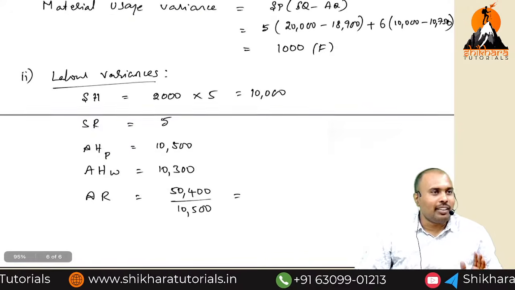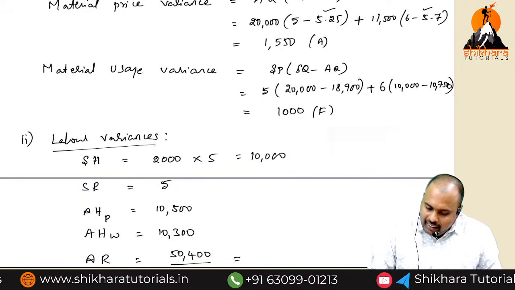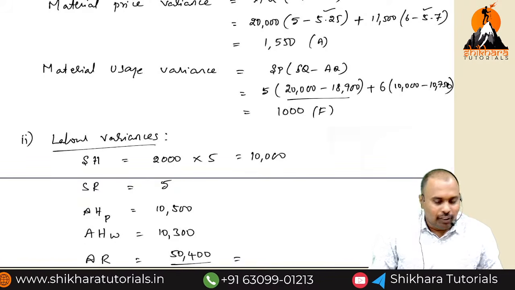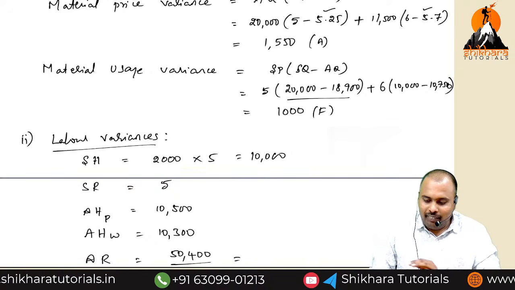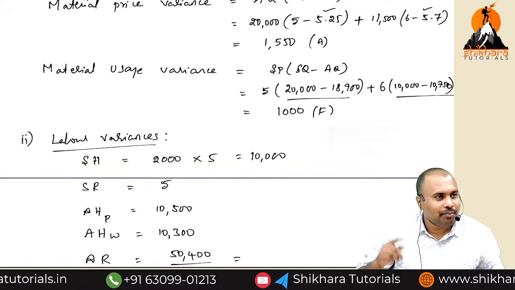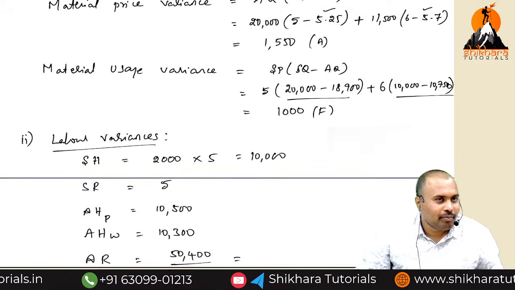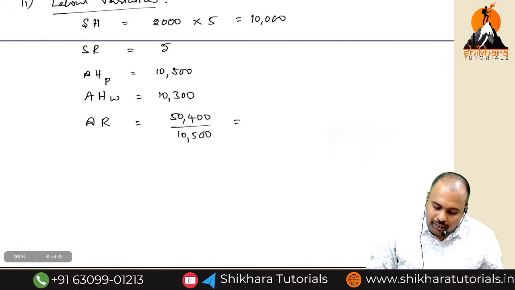Use M plus M minus very properly, or else do not use M minus, only M plus. Take the same thing, whatever is in the bracket: 20,000 minus 18,900 into 5, M plus, 10,000 minus 10,750 into 6, M plus, MRC. Clear? Habituate that only.